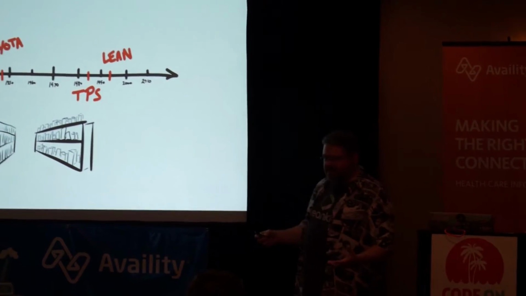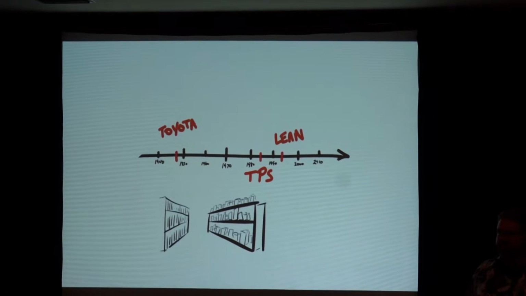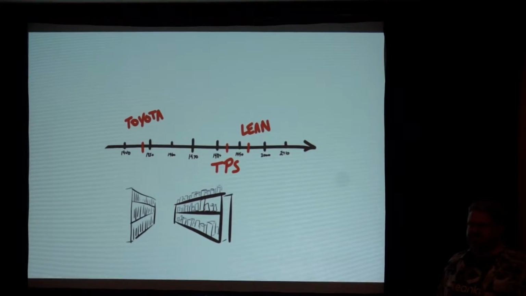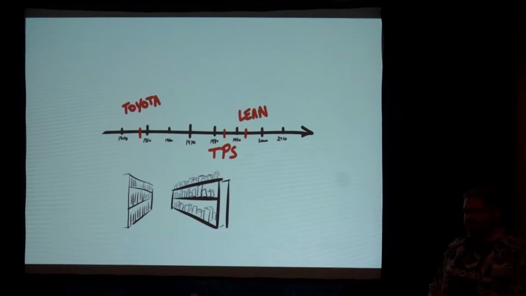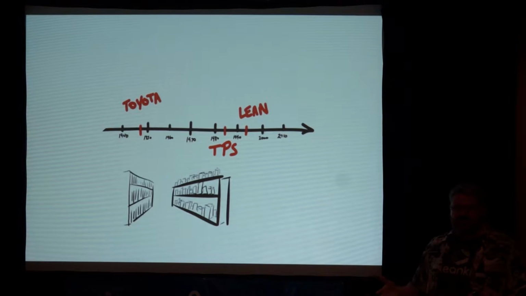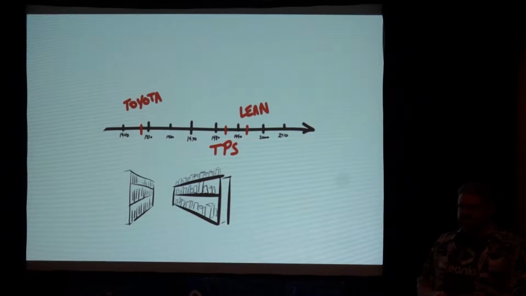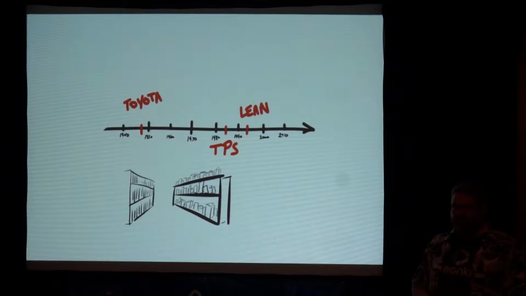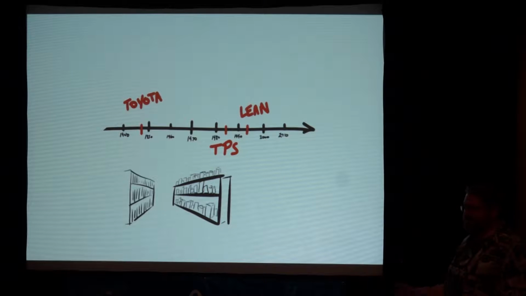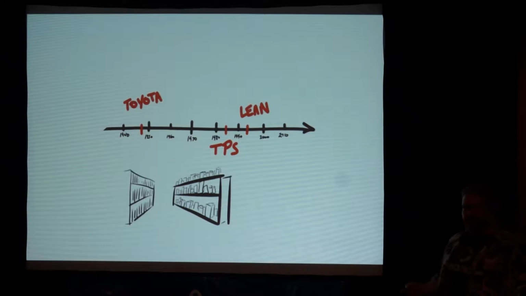Well, Toyota went on to blow the market away with the quality of their cars and their manufacturing process. That relatively small company was taking on the giants of GM and Ford and so forth, and the amount of cars that they were producing was much, much smaller, but they were producing much better cars. And other manufacturing companies started to take notice, like, wow, what are these guys doing?